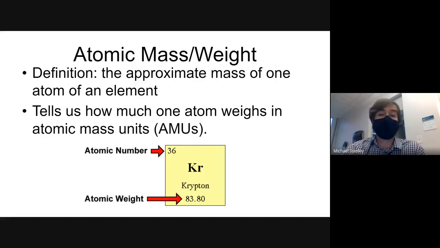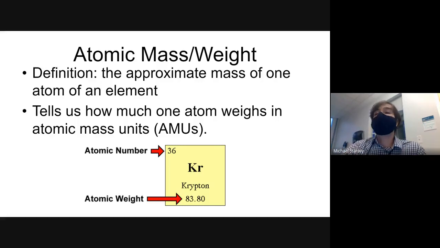If you wanted to weigh an atom in pounds, it would be something like 0.000000000000000000000000000000000000019 pounds. That is an incredibly small number, and nobody wants to write out all those zeros when they want to give the mass of an atom.